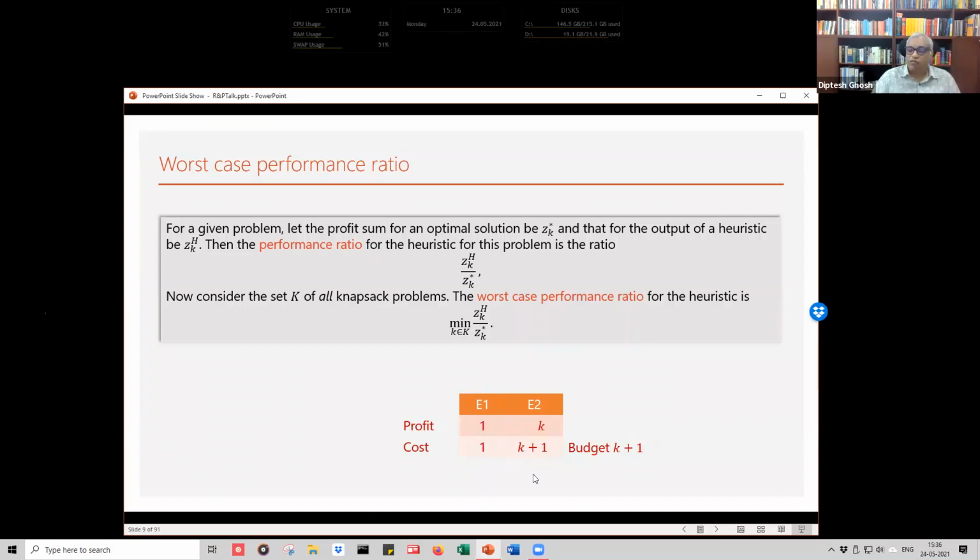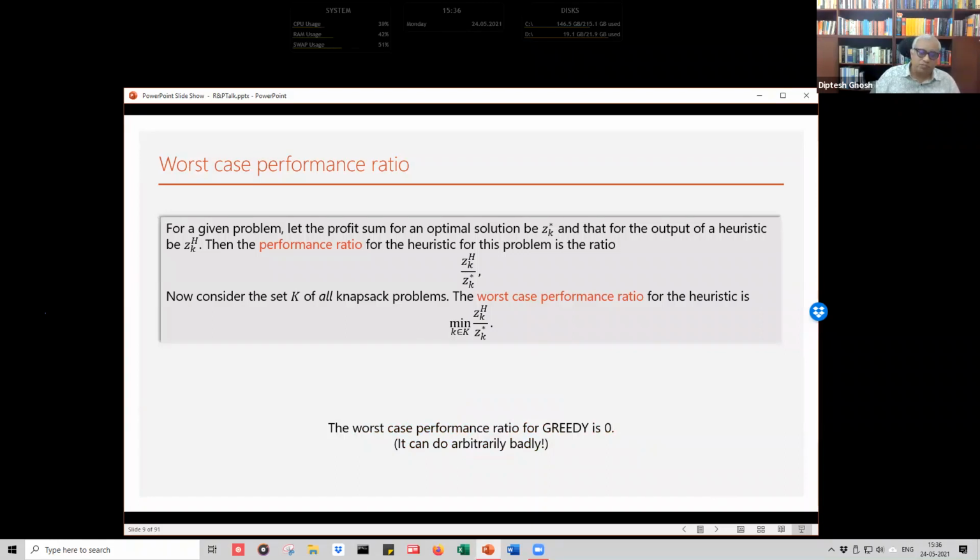In this case, you would find that the performance ratio for the greedy algorithm is 1 by K. And as K increases, the performance ratio goes down. So in the limit, the performance ratio would be 0. So the worst case performance ratio for the greedy heuristic is 0, which means that a greedy heuristic can do arbitrarily badly for knapsack problems.